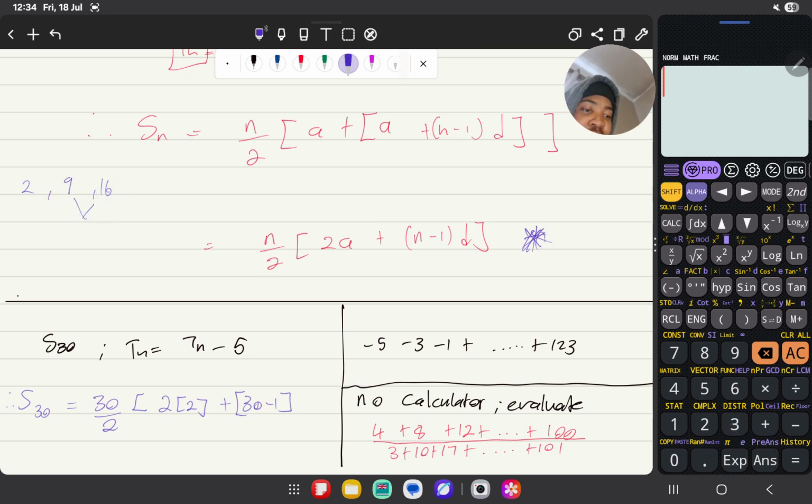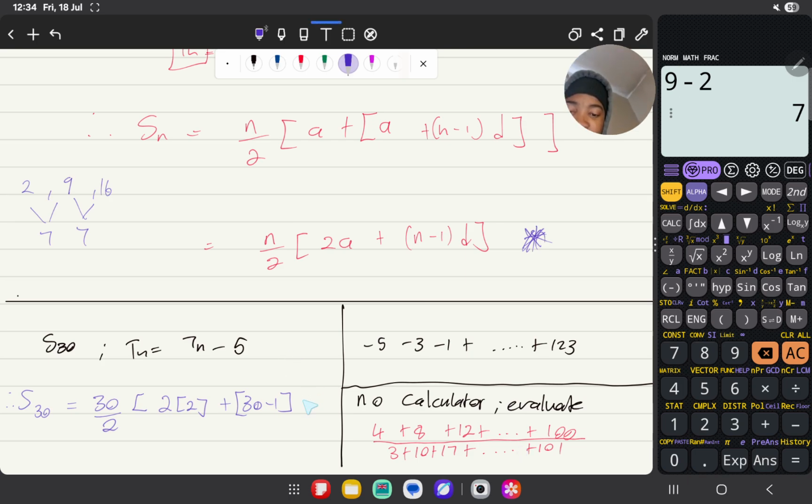So I'm gonna do this, 16 minus 9, I'm getting 7, right? 9 minus 2, I'm getting 7. So this is the common difference, right?